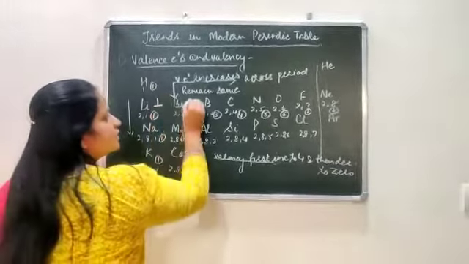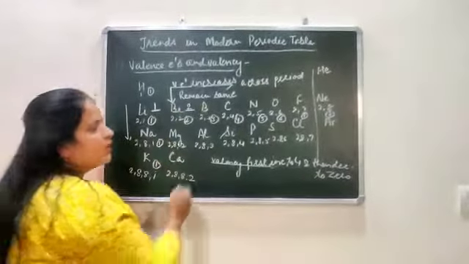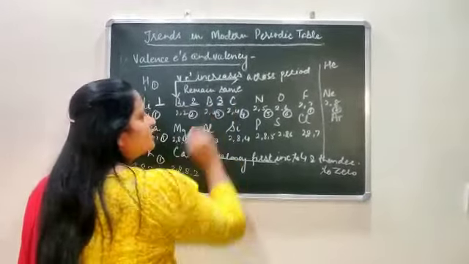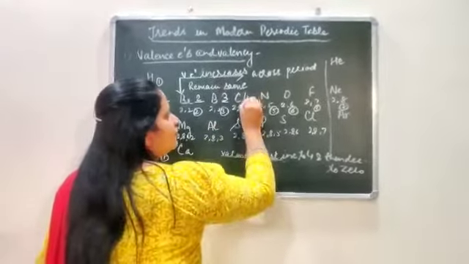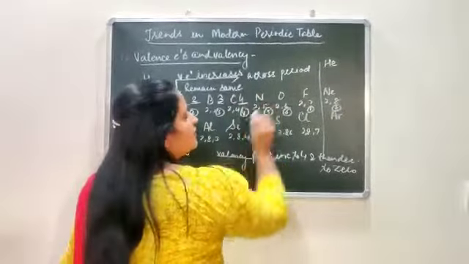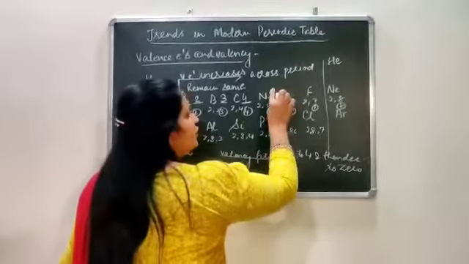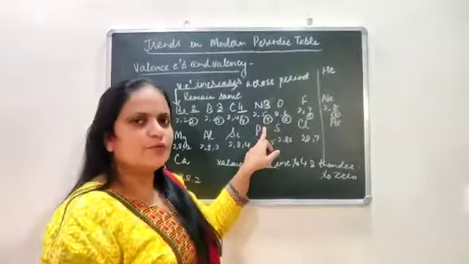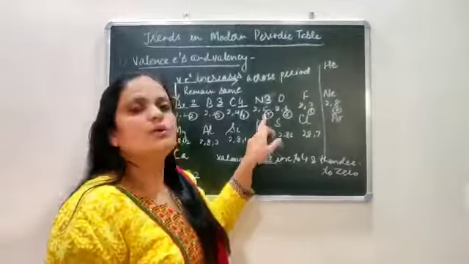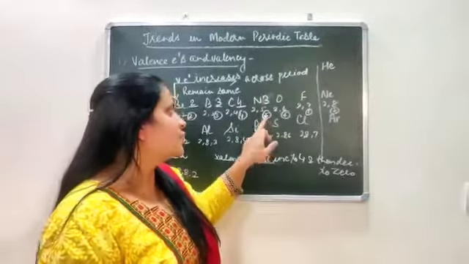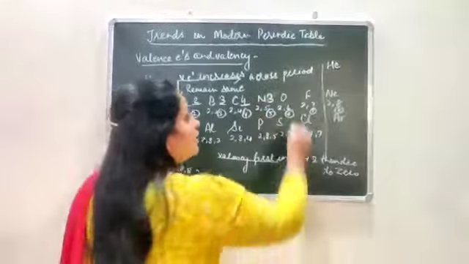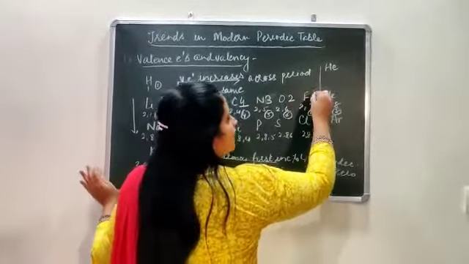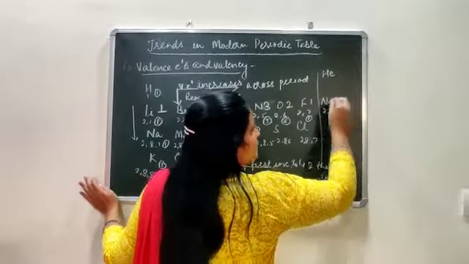If valence electrons are 2, valency would be 2. In case of boron, valency would be 3. In case of carbon, it would be 4. In case of nitrogen, it would be 3 now, because if the valence electrons are more than 4, then valency would be equal to 8 minus valence electrons. So nitrogen valency 3, oxygen 2, fluorine 1 and neon 0.